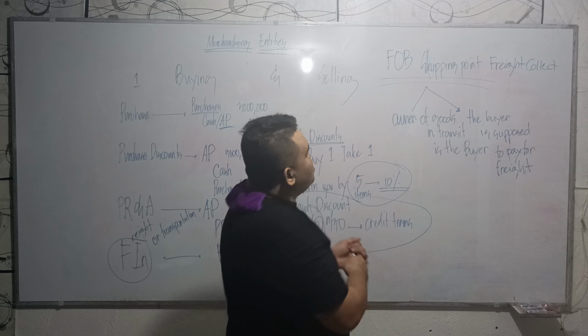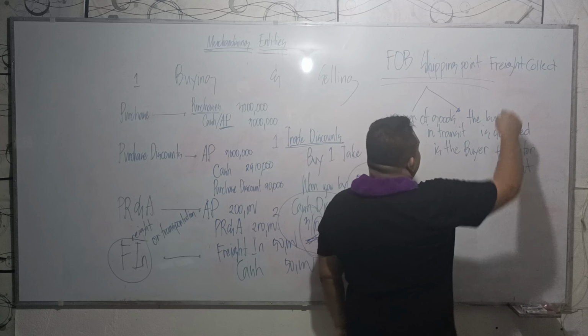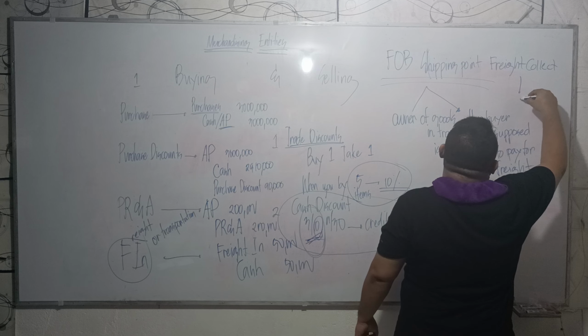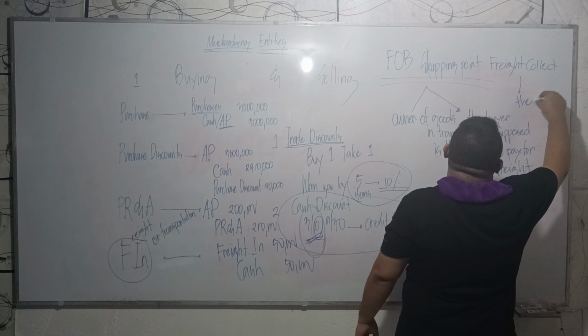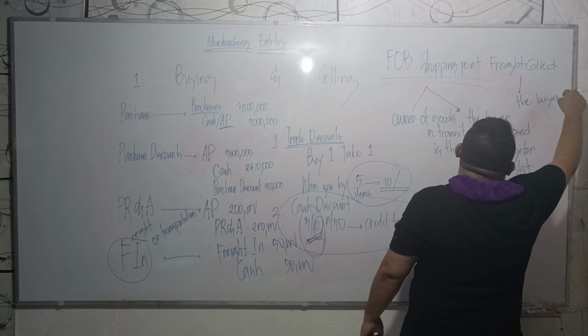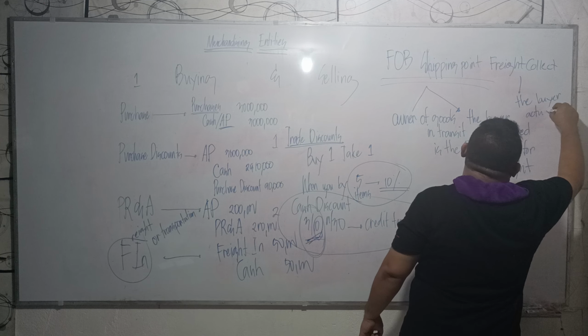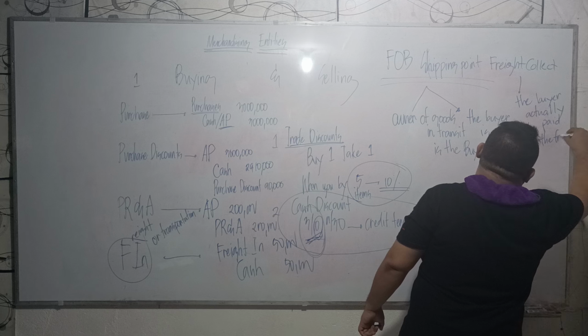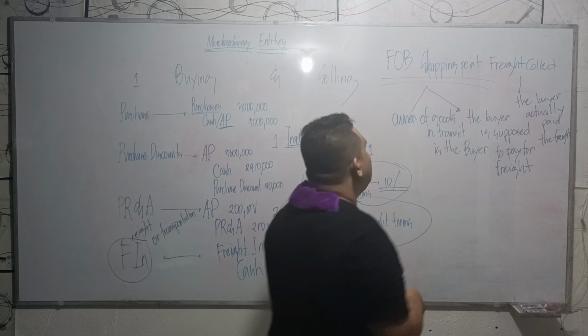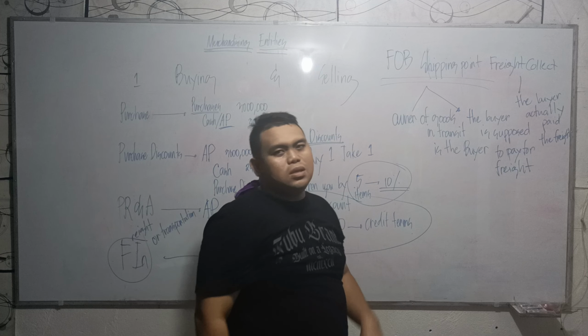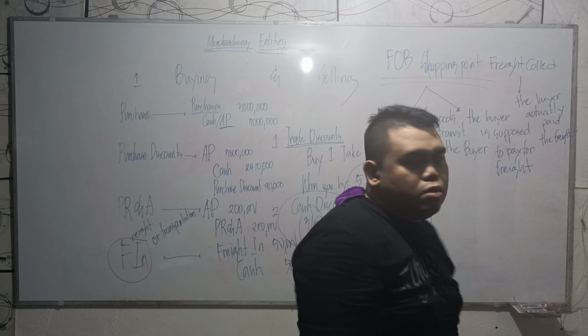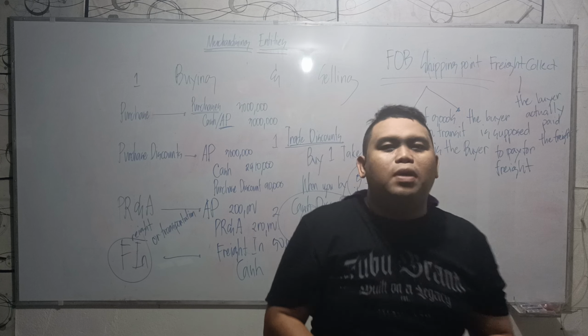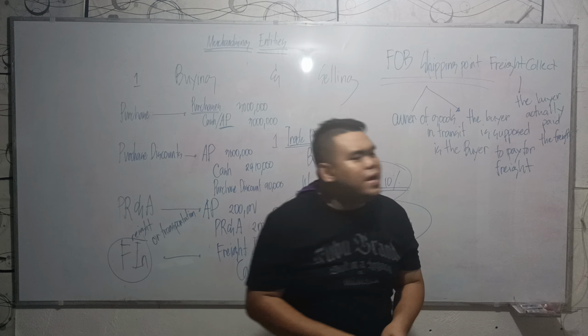Alright? Now, how about the freight collect, sir? The freight collect, that means the buyer actually paid the freight. So that's the meaning of those. FOB shipping point, the owner of the goods in transit is the buyer. And of course, the one responsible for paying the freight is the buyer.